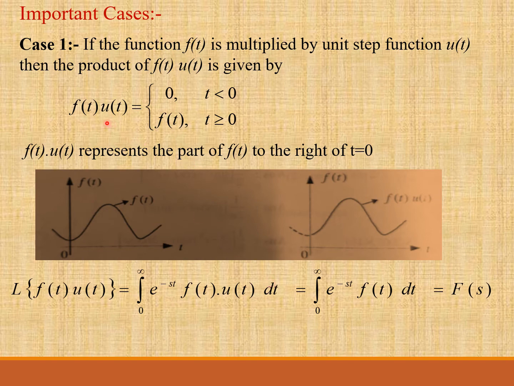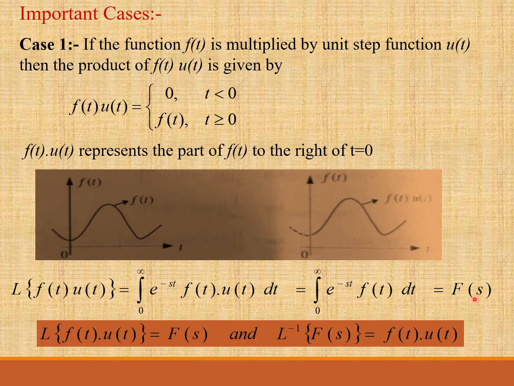And the Laplace transform of f of t into u of t is equal to F of s, because u of t has a value 1 for t greater than 0. So its Laplace transform is equal to F of s. And the inverse Laplace of F of s in terms of the unit step function is f of t into u of t.